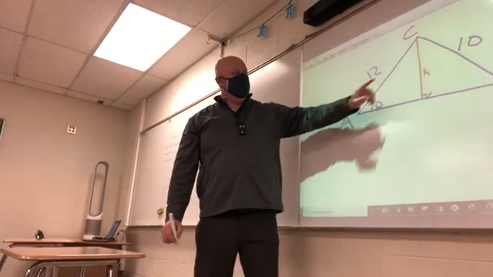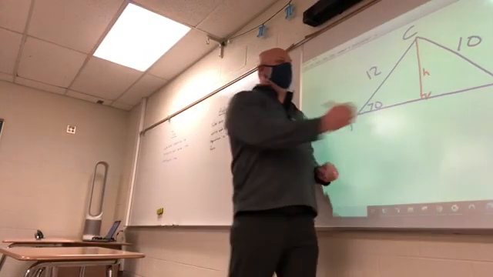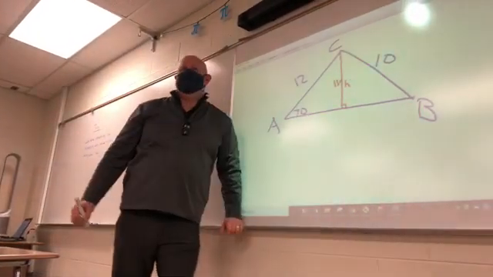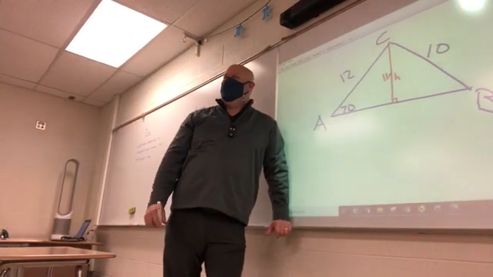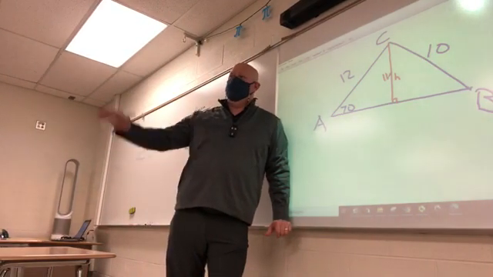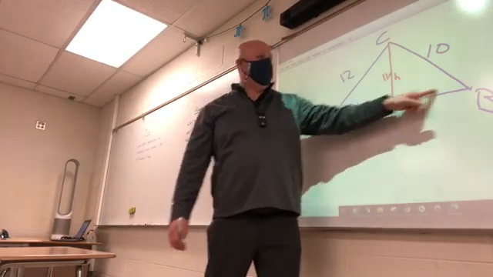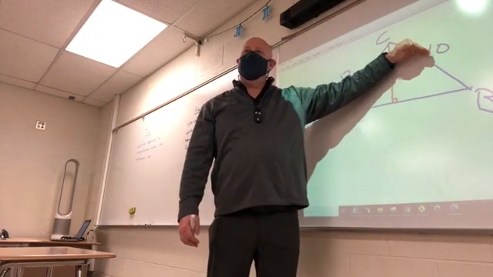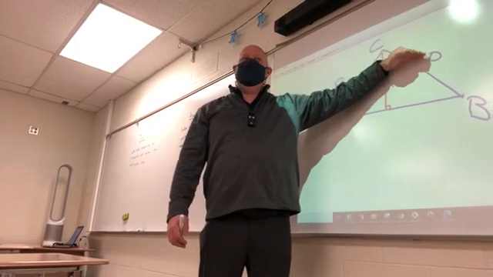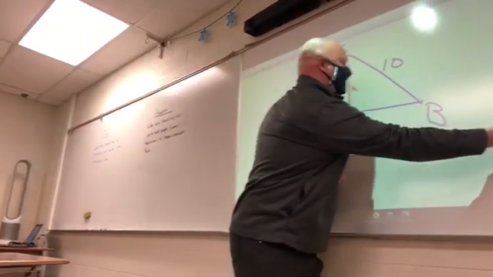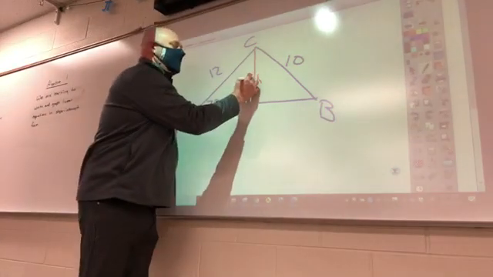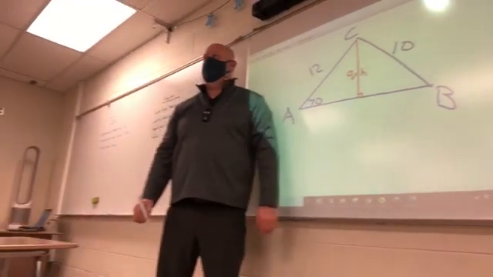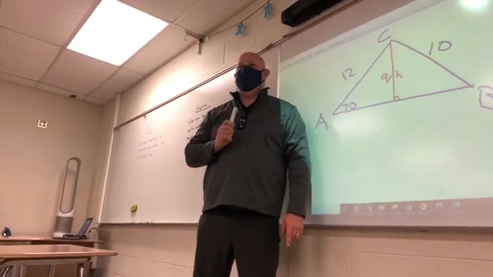Now, if this height comes out to be 11, what do I know about this triangle? It's not going to work. I can't build a right triangle like this, can I? If this side is too small, it's not going to work. If this height comes out to be 9, what do I know about this scenario?